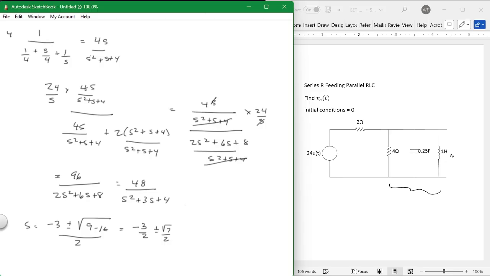Any questions about this one? I did not finish this one, but this is what it is equal to: 48 is equal to K over S plus 3 halves plus square root of 7 over 2J, plus K star over S plus 3 halves minus square root of 7 over 2J.